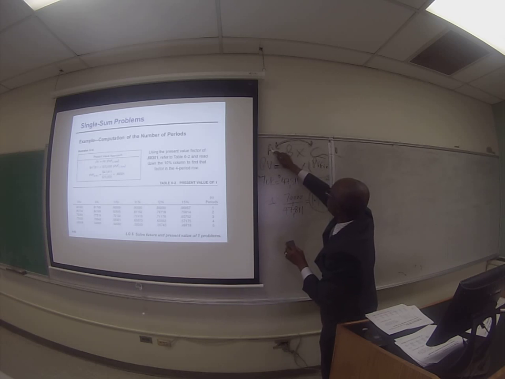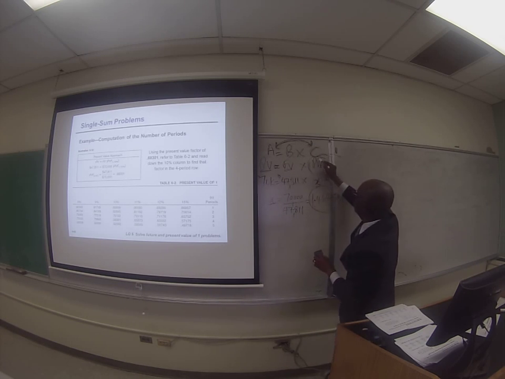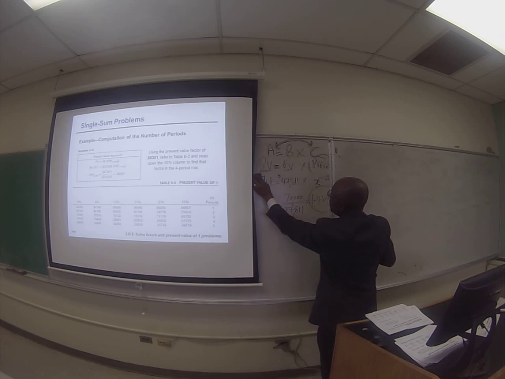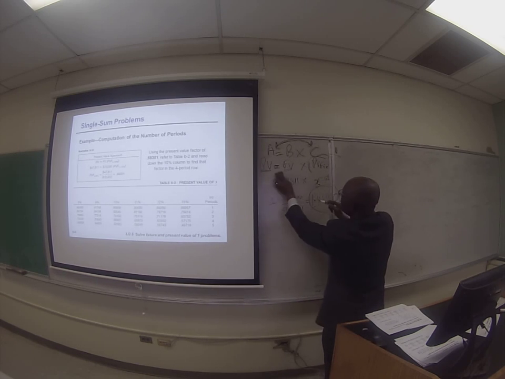That's to be present value because C is the interest factor of A. So since A is present value, B is future value, then C has to be the factor of A. Then we are going to go ahead and switch this around.